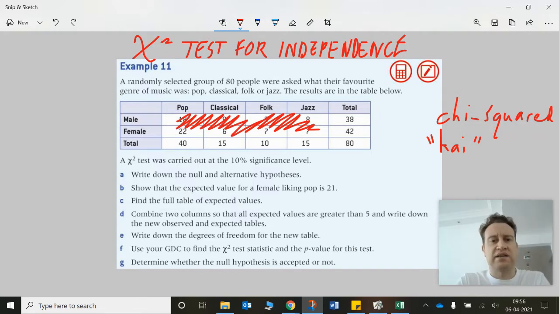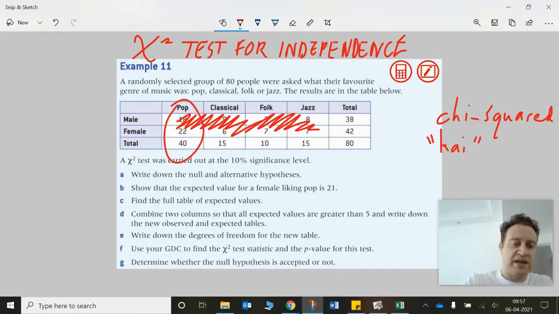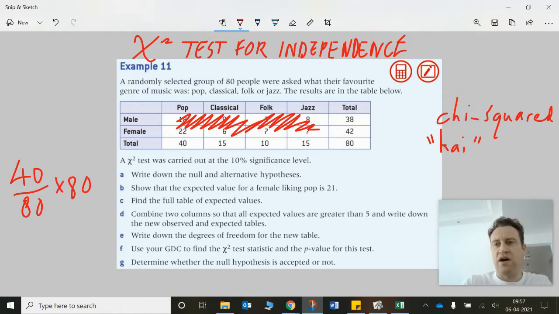So you would expect a half of the people to be preferring pop music in this case. So that's a half of the 80 that we have in this column here.